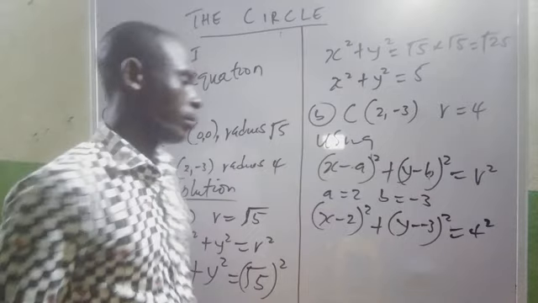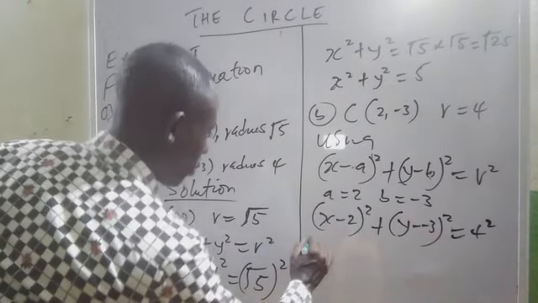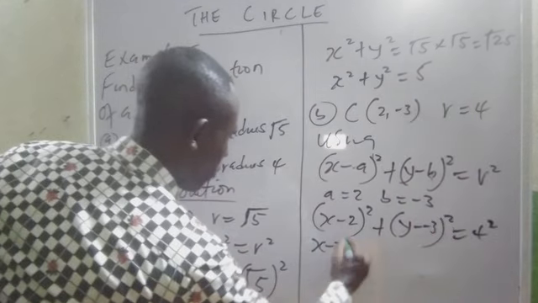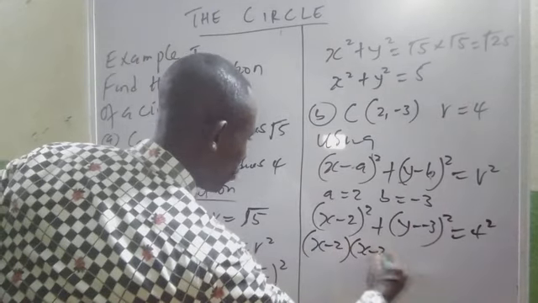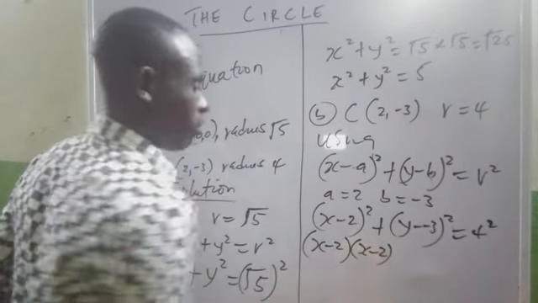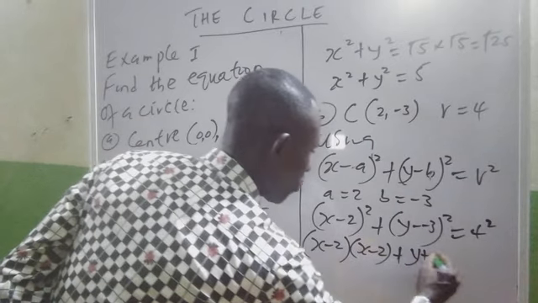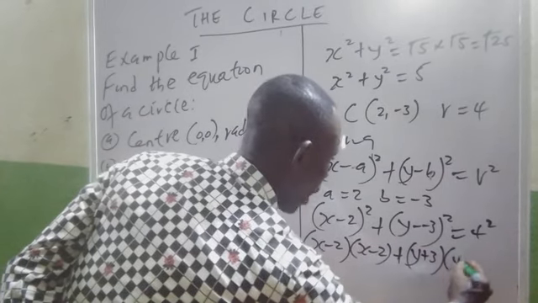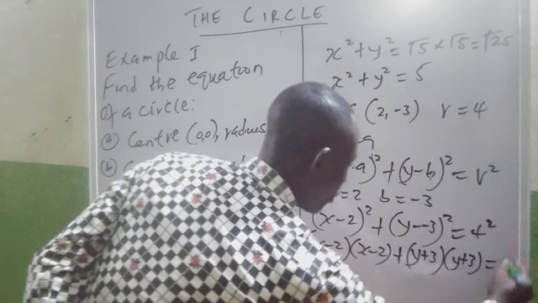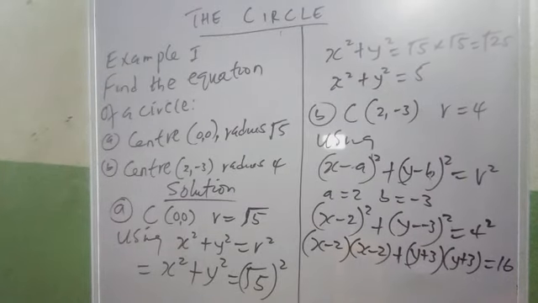Radius is 4. So if you expand this, this is the same thing as x minus 2 bracket x minus 2, plus y plus 3 bracket y plus 3 equals 16.